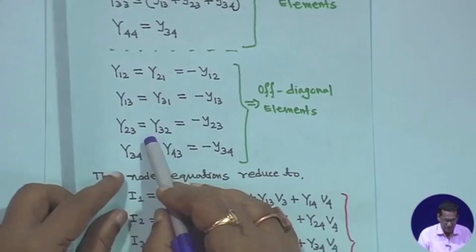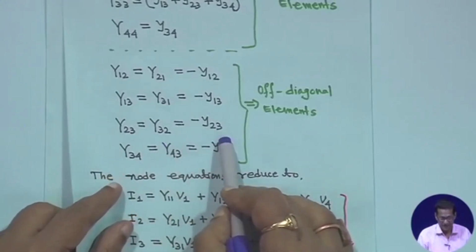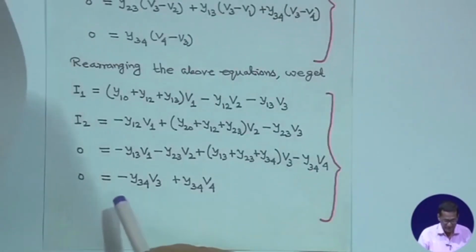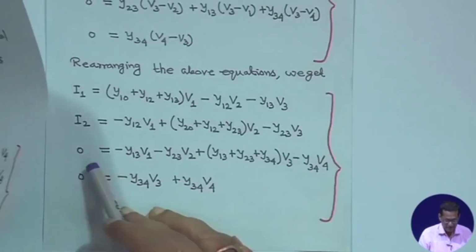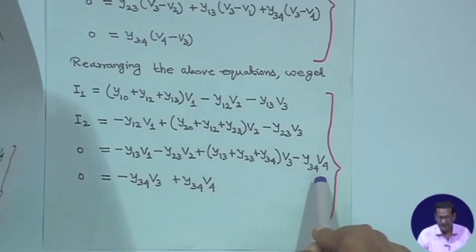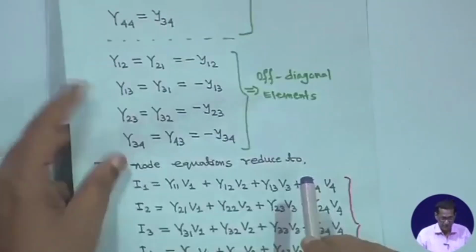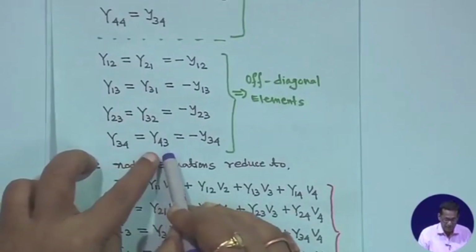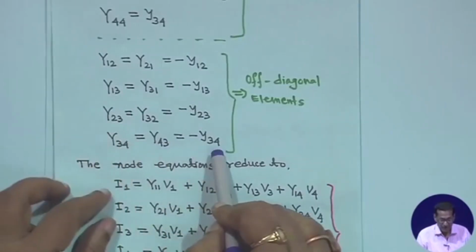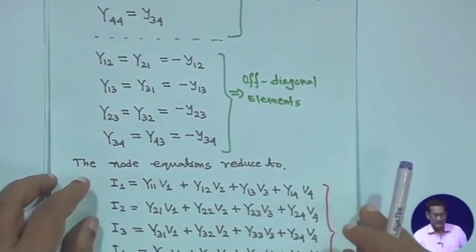And then y34: capital Y34 is equal to capital Y43 is equal to minus small y34. So, these are our off diagonal elements.